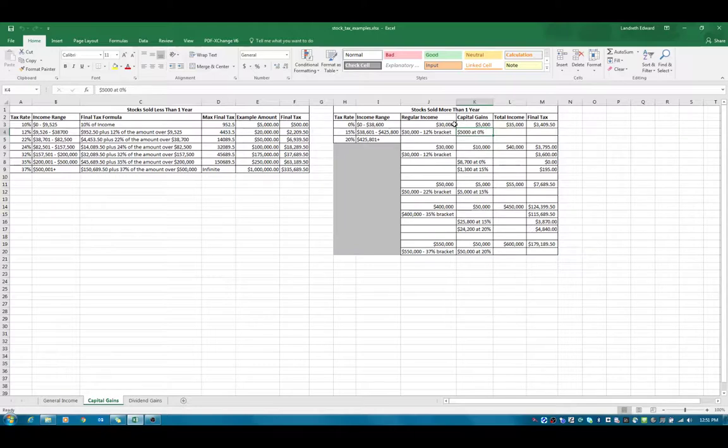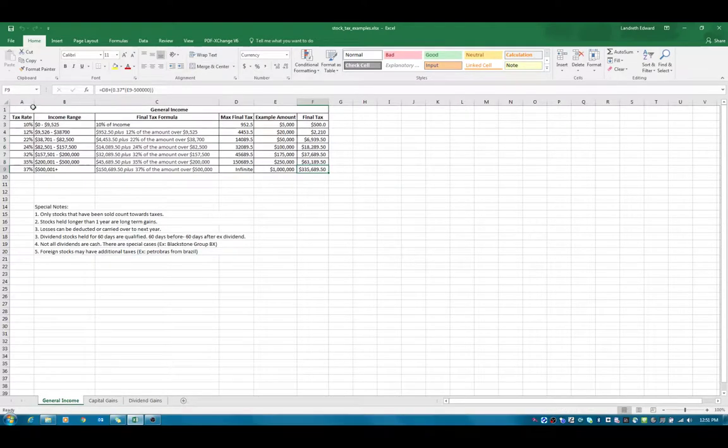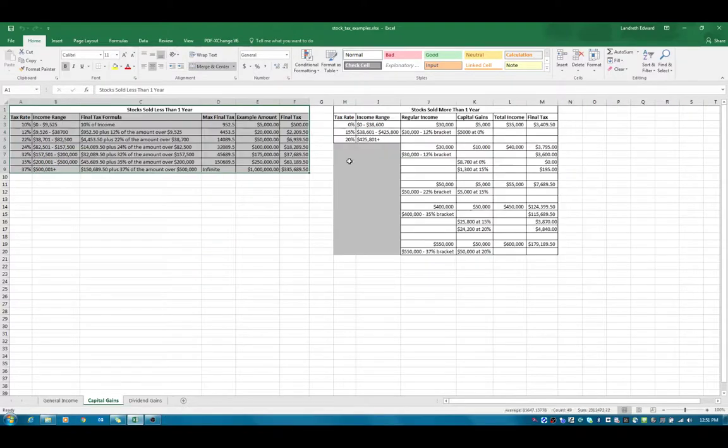But your normal $30,000 gets taxed as if it was a normal rate of $30,000 from your income. So same thing as this bracket, and same thing as if you had made $30,000 in this bracket. You just plug that 30K into this cell at 12%, and that would be your total.